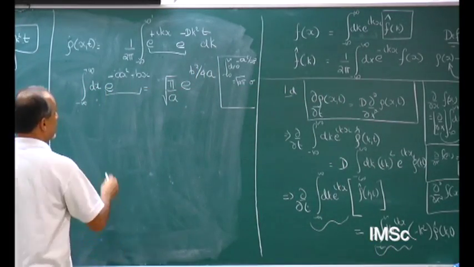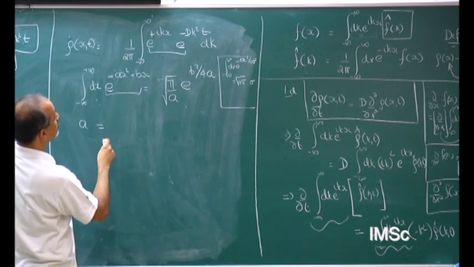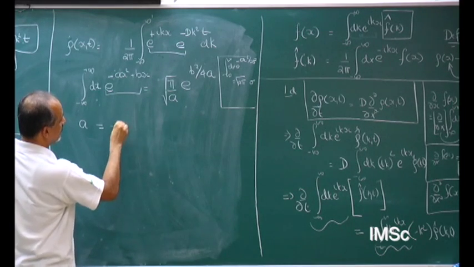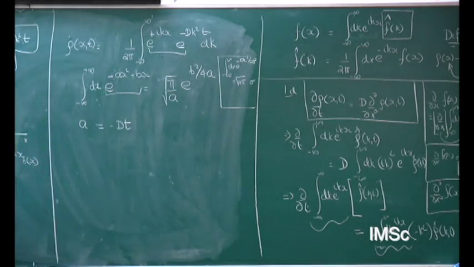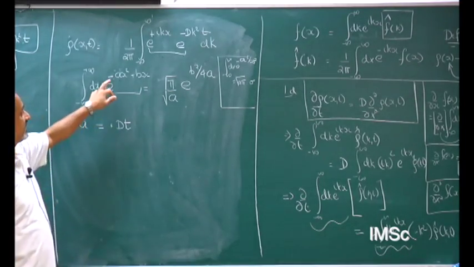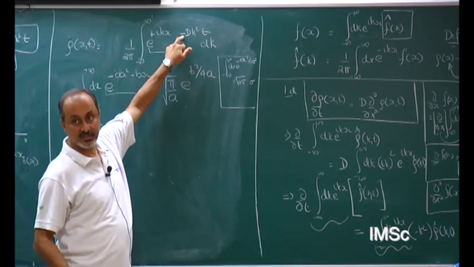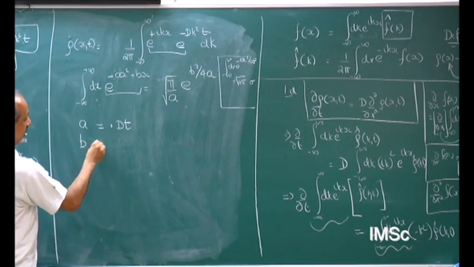So the way I would do that is, first of all, what is A? A is the same as minus d times t. In fact, it's not minus, it is plus, because the sign here is minus and the sign here is minus. So it's d times t. All right. Now what is b?